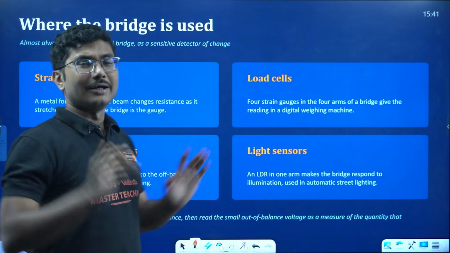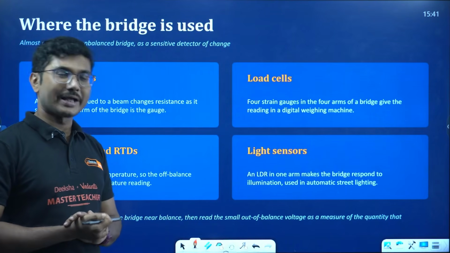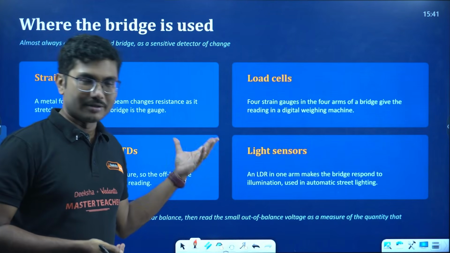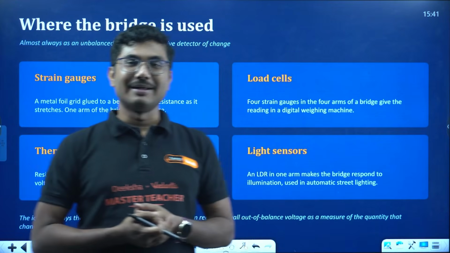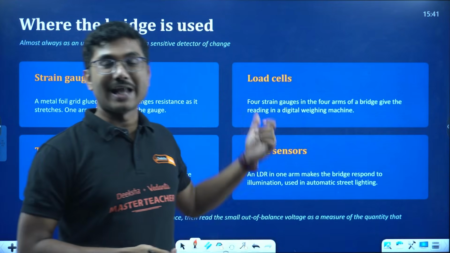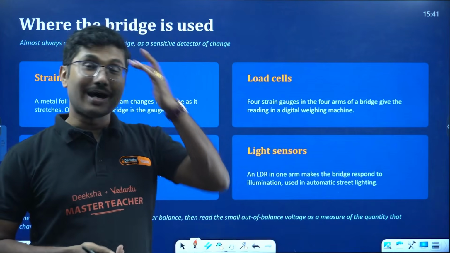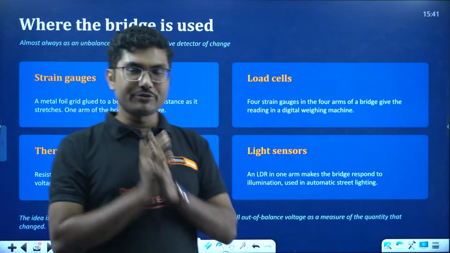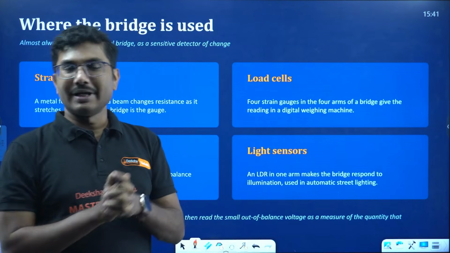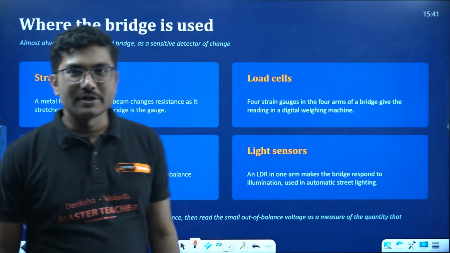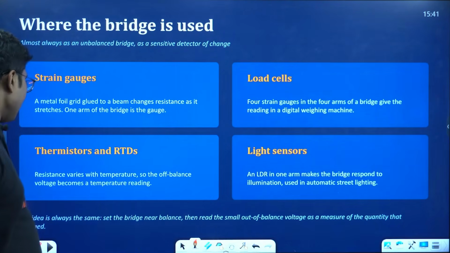You can measure the change in resistance, and based on that say how much the temperature is, how much the light is, and so on. So Wheatstone bridge is one of the most applied technologies in our life, not obviously the most, but one of the most.